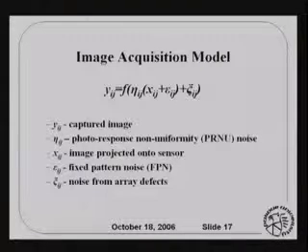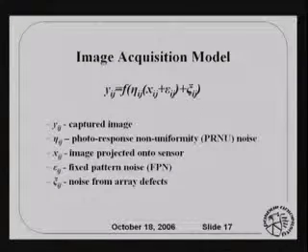That is a kind of multiplication factor, because even if we are capturing, say, a uniformly lit scene, we are not going to have pixel values which are exactly the same over all the CCD, because due to manufacturing defects intrinsic to the manufacturing process, different pixels in the CCD have different responsivity.